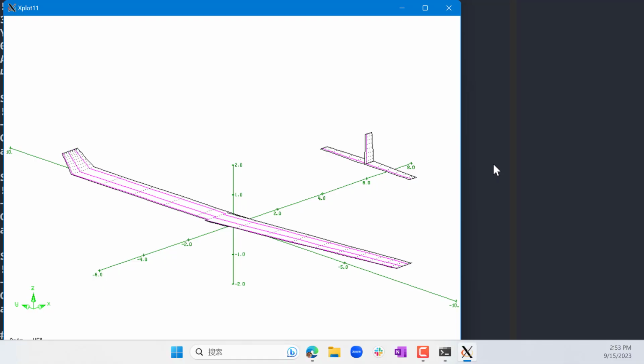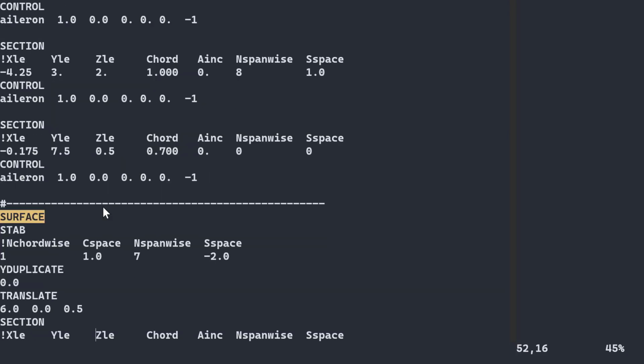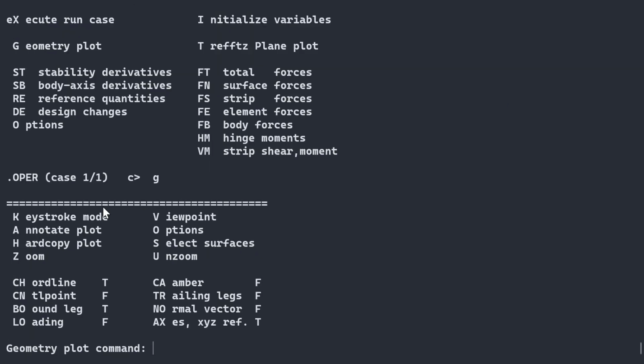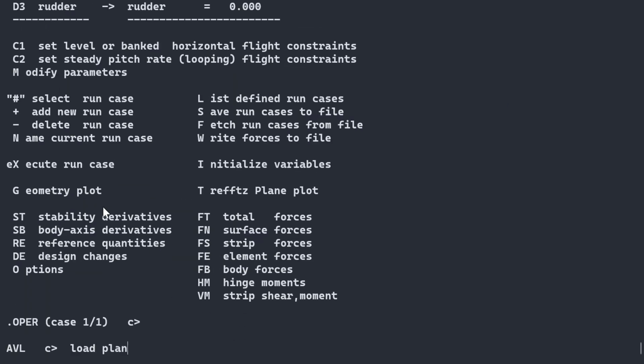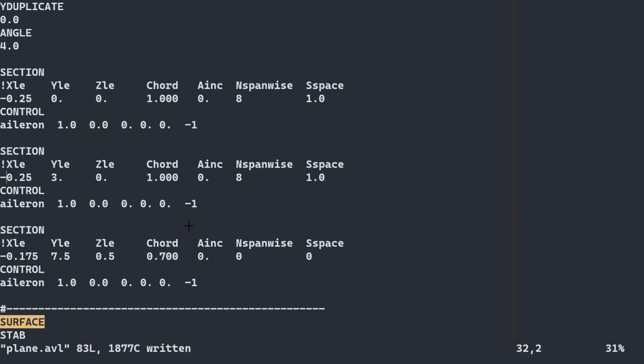Let's see. So this side looks fine, but Y, Z. You guys see any problem? So let's just do something that's not as dramatic and see what happens. Yeah, that looks fine.